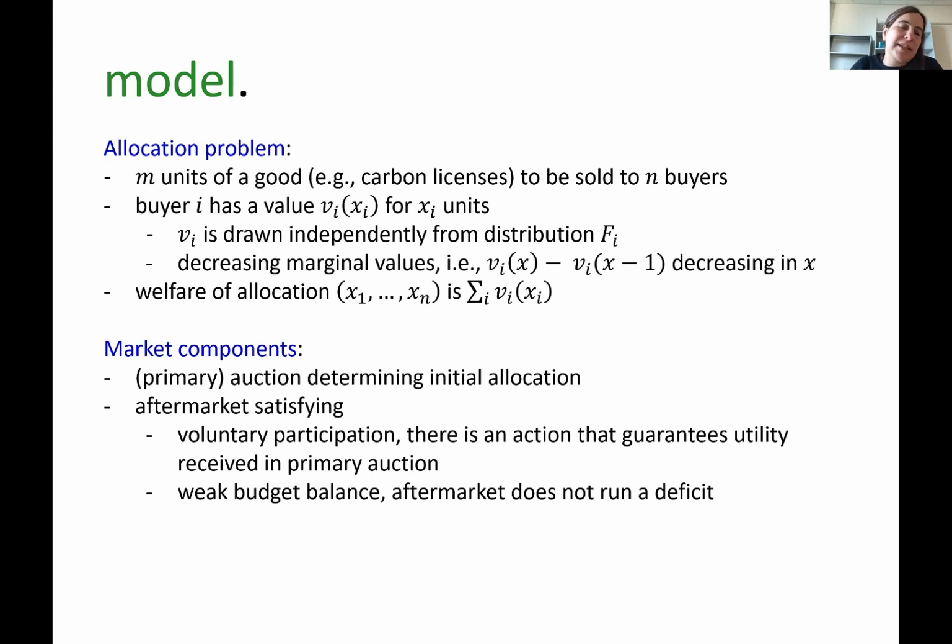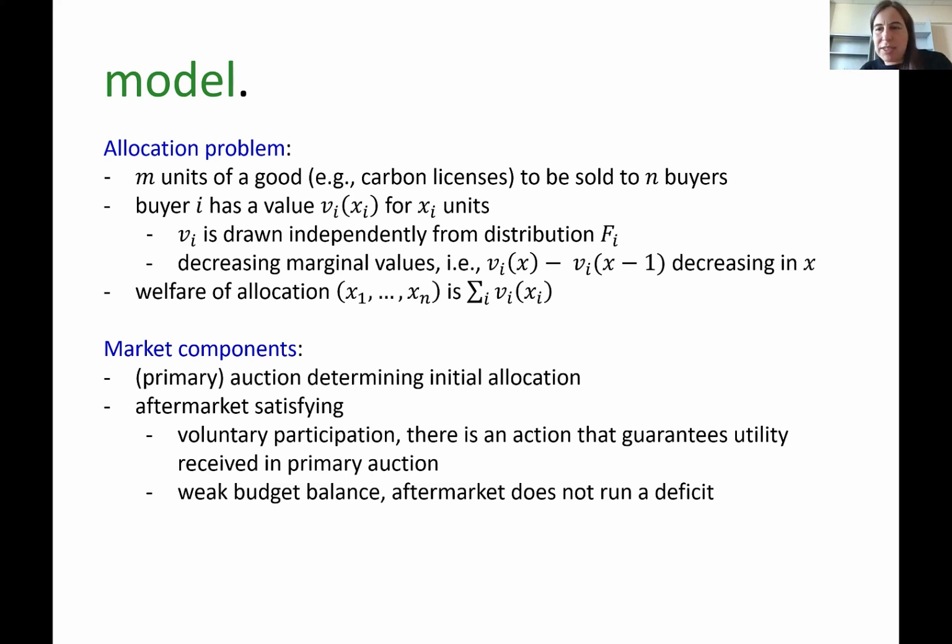I'll just ask that it satisfy 2 what I consider to be weak properties. The first is voluntary participation. So, after somebody participates in the primary auction, they're holding their initial allocation, they can choose to exit the market at that point and maintain the utility that they received in the primary auction.